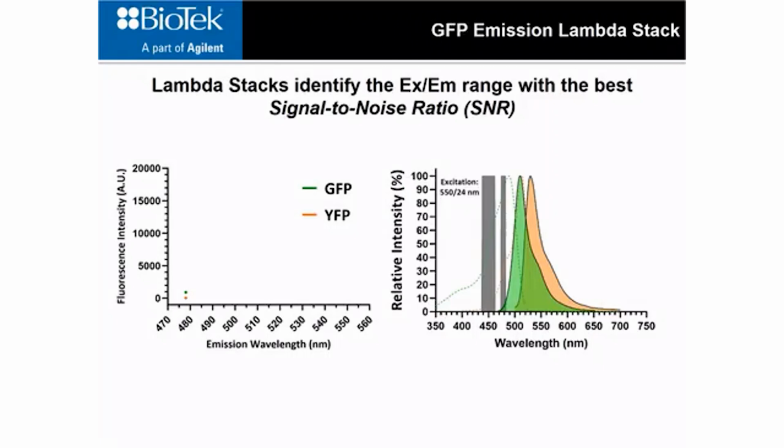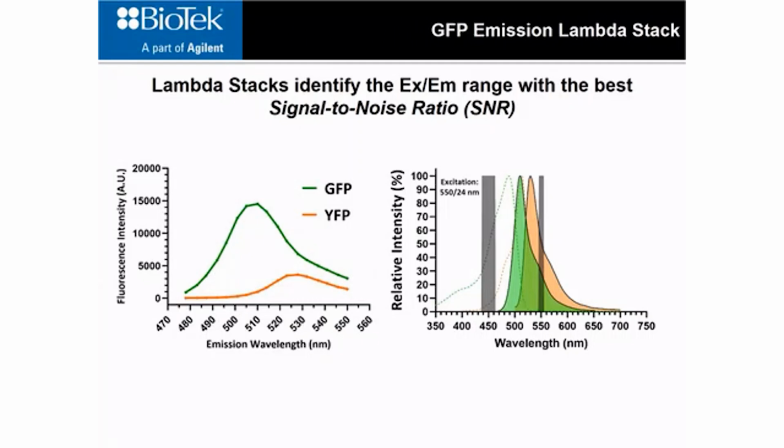Now, as we establish the ideal range to get the most signal-to-noise ratio for your GFP excitation, you can do the same thing with your emission as well. As you have a fixed excitation wavelength, you can walk across your emission wavelengths and find where is the best signal-to-noise.